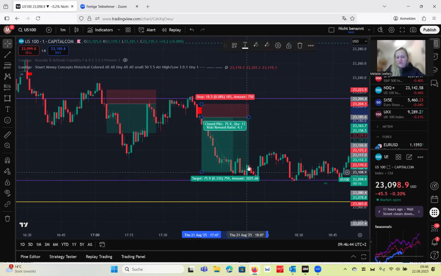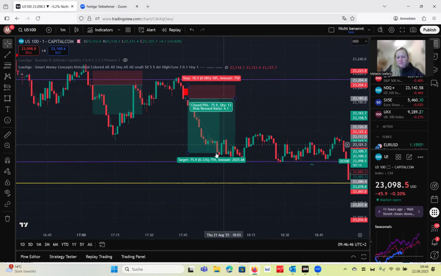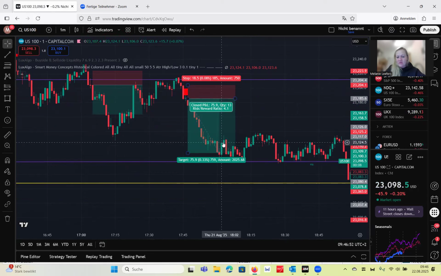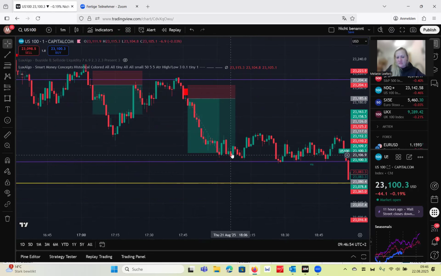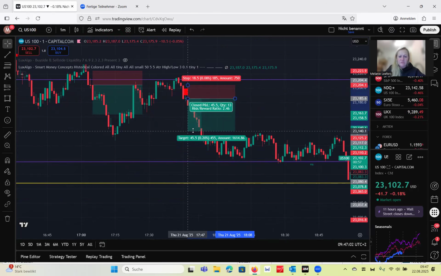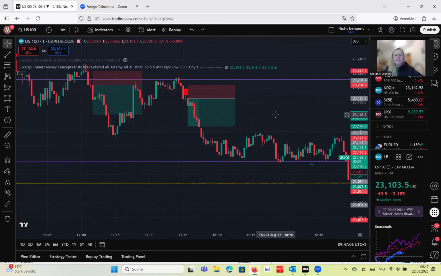So if you see something like this, which creates a new support zone here, and you see it's going up and then it comes down, going up, comes down, so you go out. Okay, I take a 1 to 2, but you can also take, let's say, a twin trade.